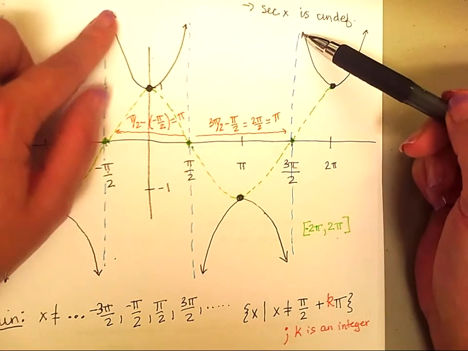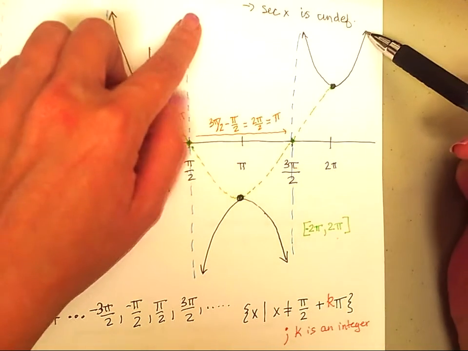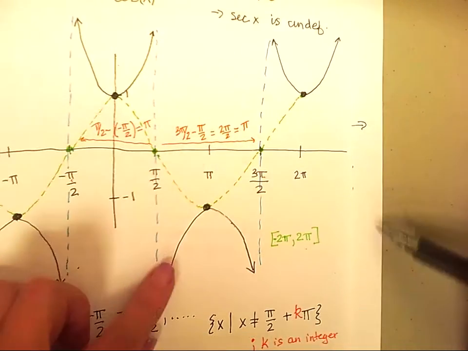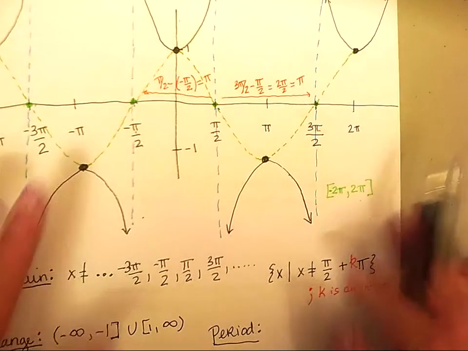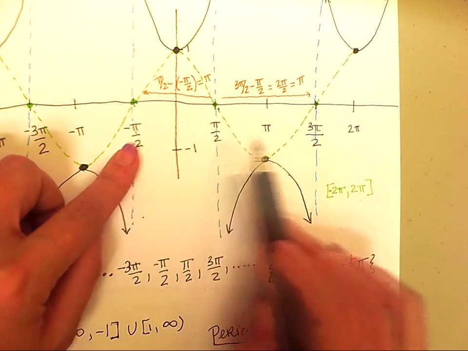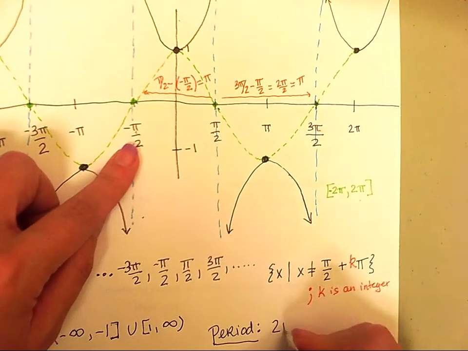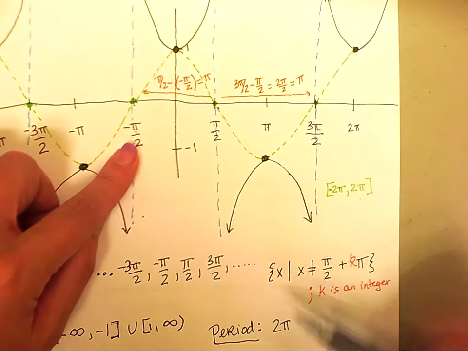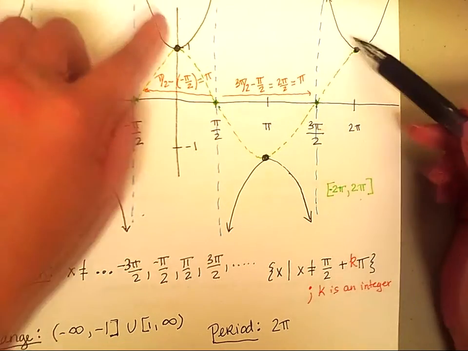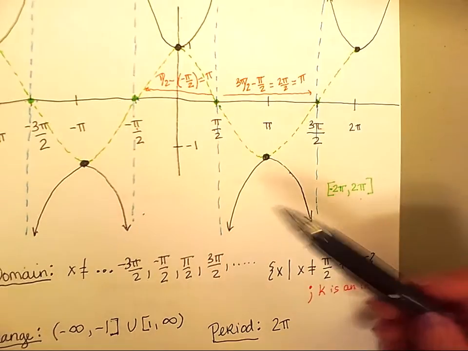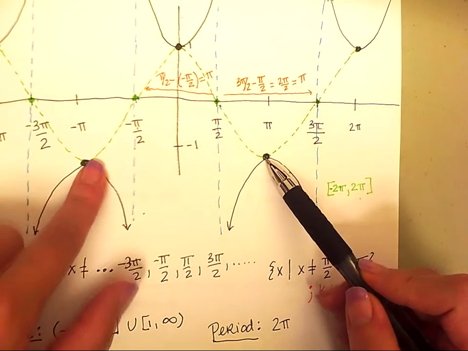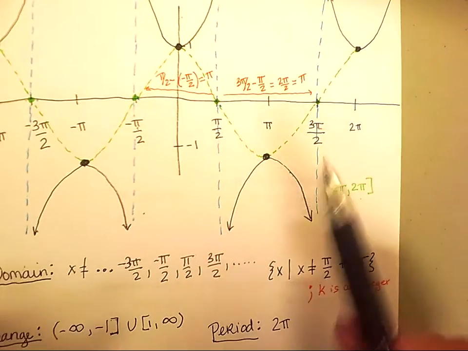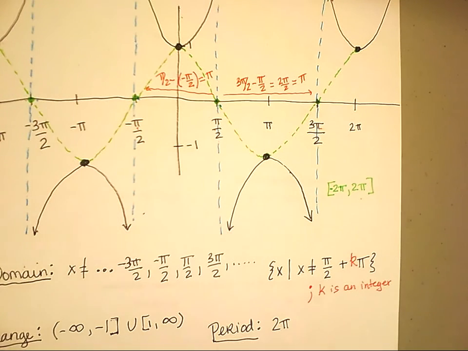It isn't until we get to this point where the graph starts repeating. And if we could see the graph on this side, then it would come over here. So the distance between here is 1 pi, 2 pi's. So even though there's an asymptote in the middle of it, the period, before the graph starts repeating, is 2 pi away. From here to here, the graph would be at the same point. It is 2 pi distances away.